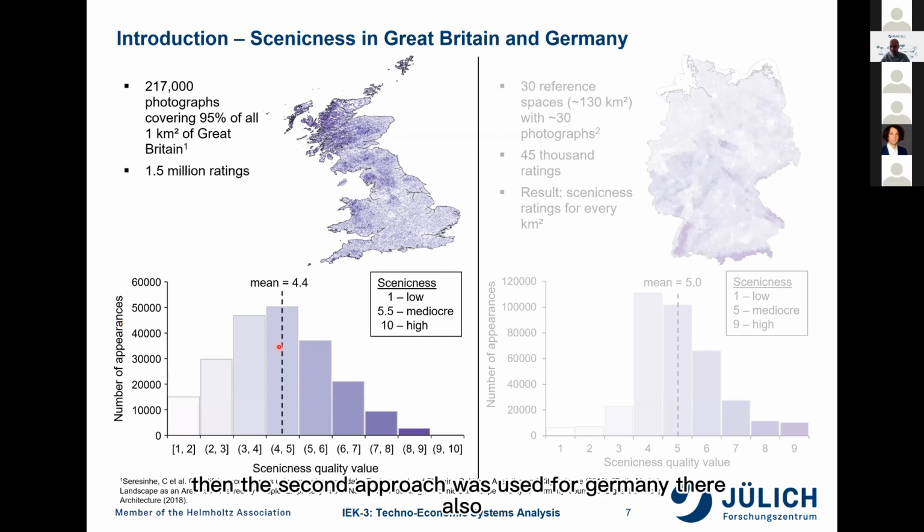Then the second approach was used for Germany. There, the authors took photographs in 30 reference spaces with an area of about 130 square kilometers. And these photographs were then rated with about 45,000 ratings. And the regression resulted in scenicness ratings for every square kilometer in Germany.